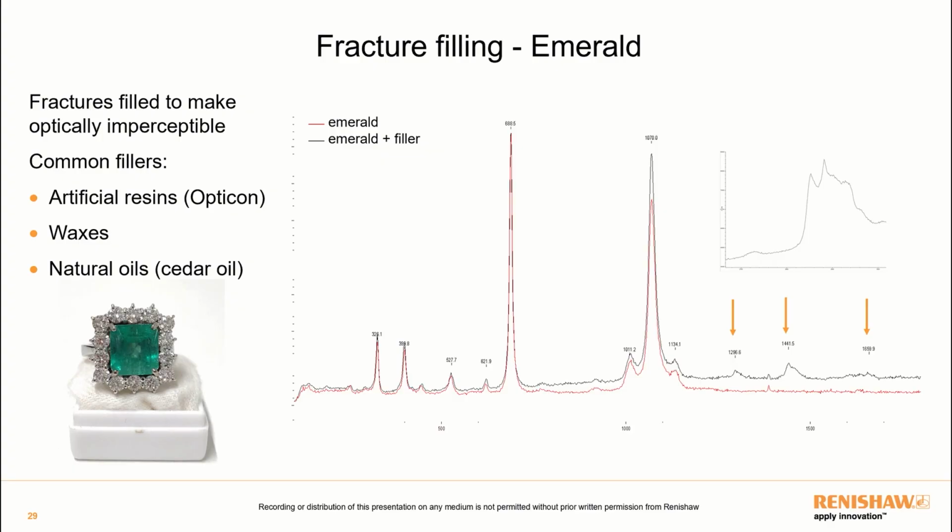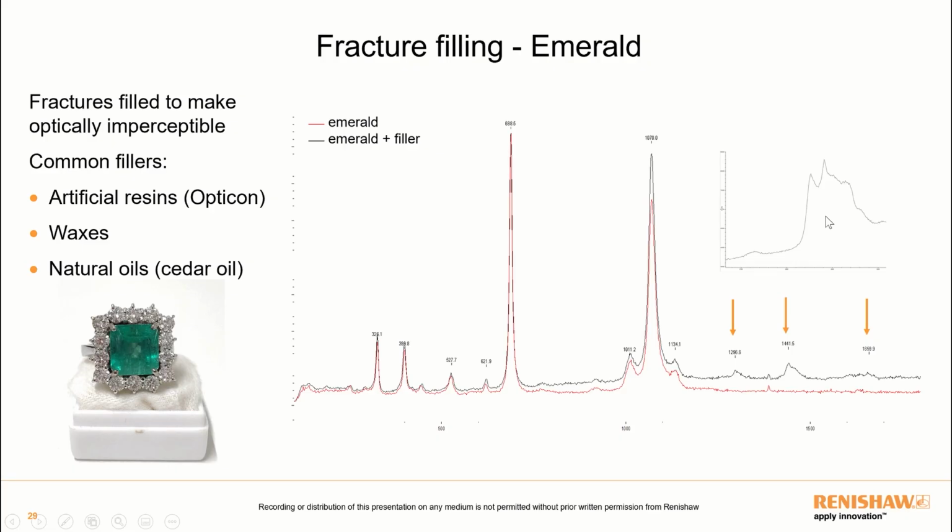Cracks are normally superficial, therefore long working distance objectives are not normally required unless the orientation of the stone does not allow to use standard ones. Here I report the overlaid spectra of the mineral in red and the mineral plus the filler in black color. It is clearly possible to observe additional bands due to the filler that I marked with these orange arrows.